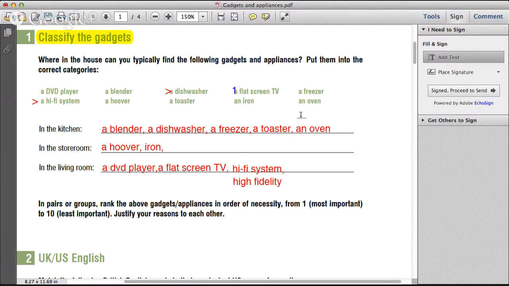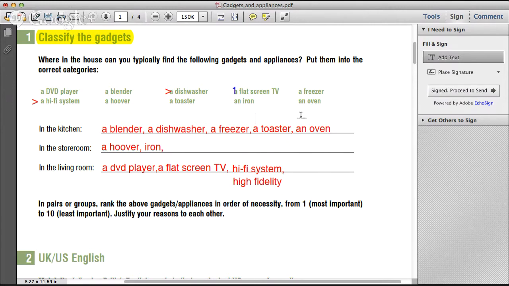All right, and why would the flat screen TV be most important for you? Because I spent a lot of time with it. Okay, and I use it too much. All right, and which one is going to be least important?